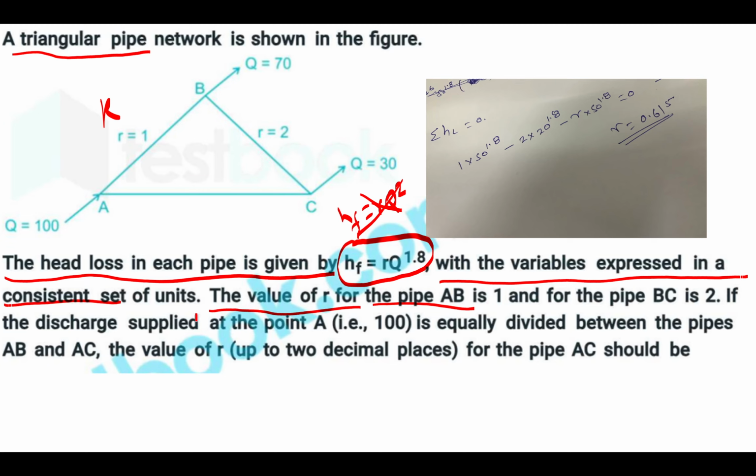If the discharge supplied at point A is 100 and equally divided in the pipes AB and AC, that is here 50 and here also Q2 is equal to 50.